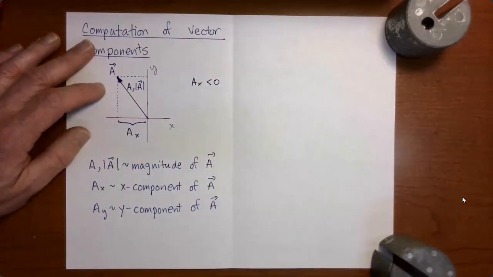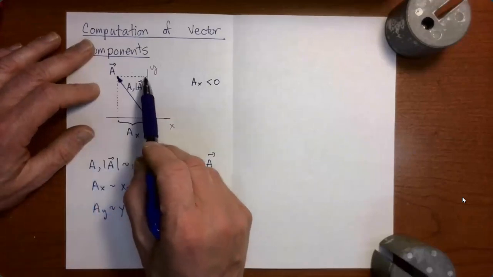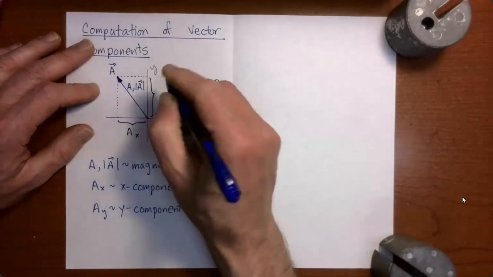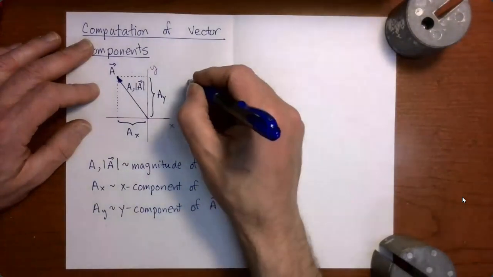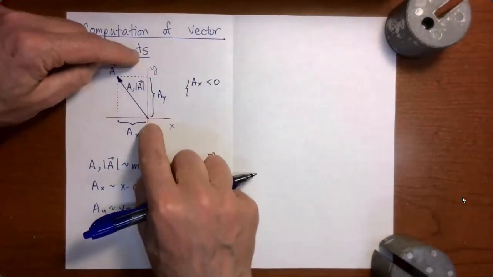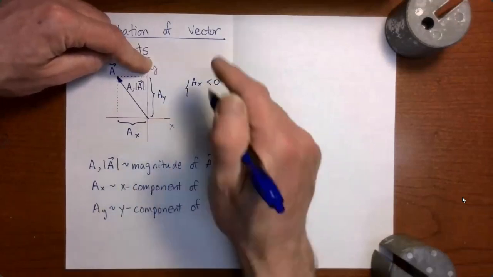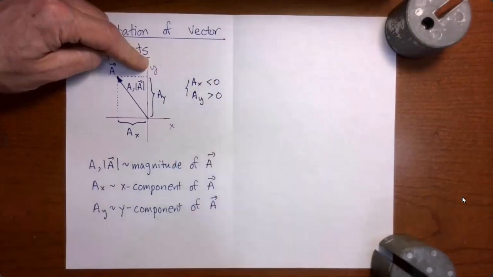As for the Y component, we go back to the tip of the vector, drop a perpendicular onto the Y axis, and the segment formed on the Y axis is the Y component of the vector. Since it falls on the positive Y axis, the Y component of the vector is positive.